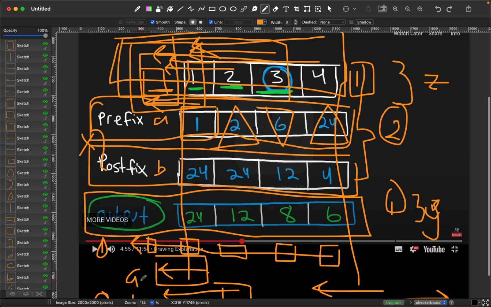And now how do we actually use these 2 to be transferred into the 1, which is the very first thing that we wanted to calculate in the very first place?